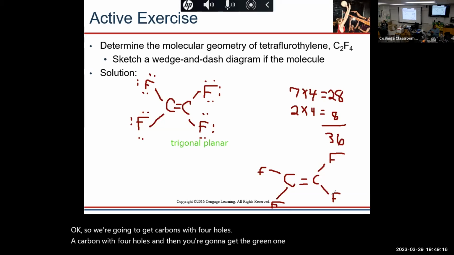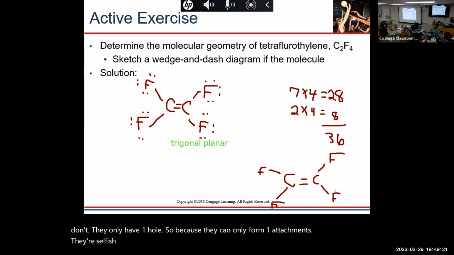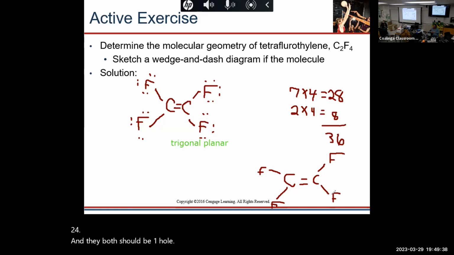The fluorines are green. They only have 1 hole, because they can only form 1 attachment. You're gonna need 4. So we're also going to need the flexible arms, the longest arms.